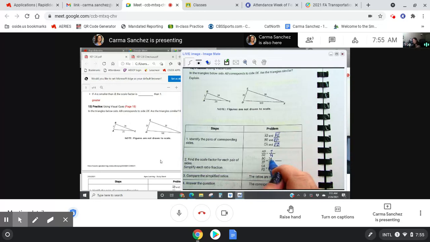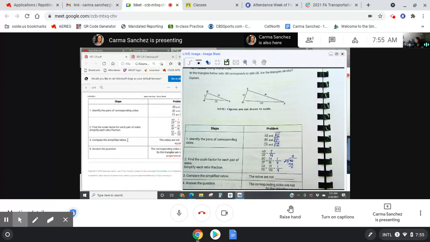Okay, so 24 goes into 24 once. 24 goes into 96 4 times. So see how that works out? So this is a 1 to 4 ratio. Finally, 25 goes into 25 once. 25 goes into 100 4 times. It's a 1 to 4 ratio.